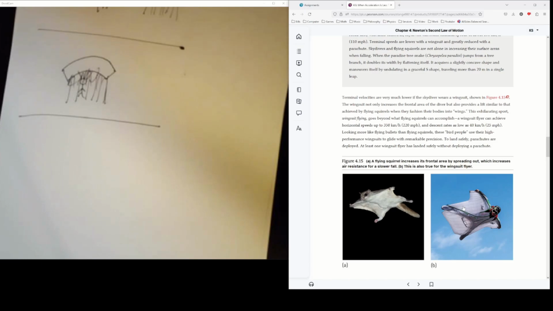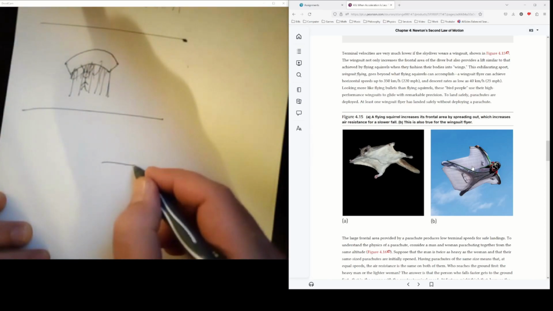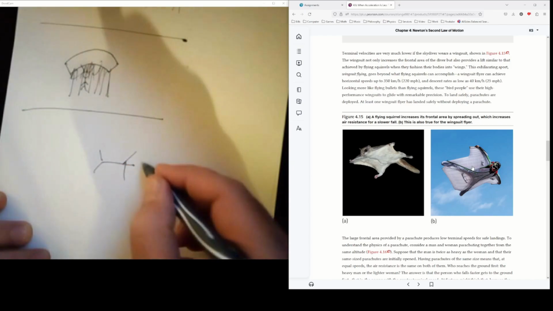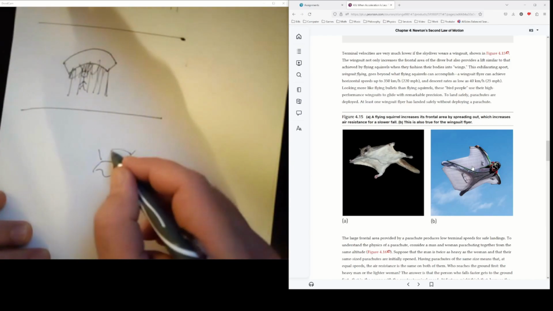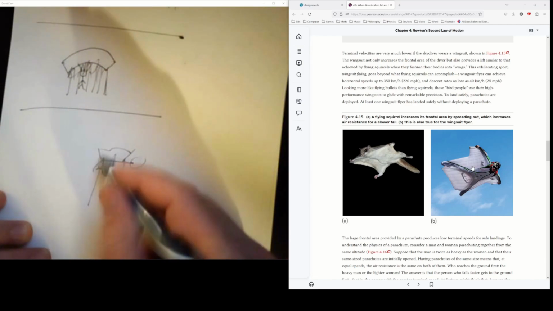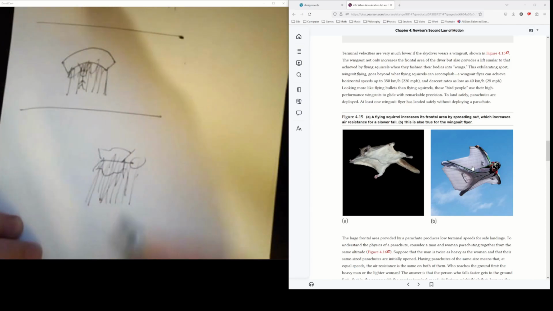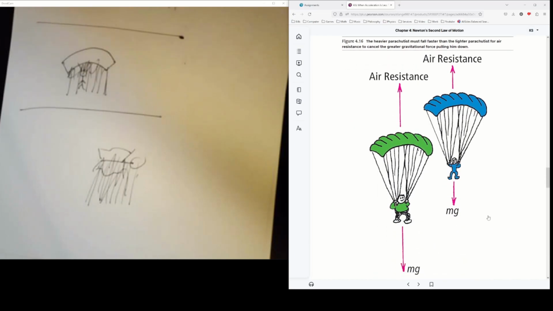But the wingsuit, the reason this is helpful is because you're increasing the surface area. So instead of your body just being like this, now you have this extra surface area from the wingsuit, so that's more air resistance that you come in contact with, which increases the friction from the air resistance, and that slows you down. And here's some parachutes.